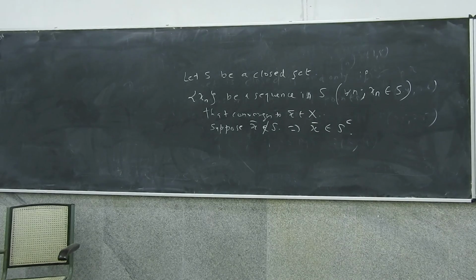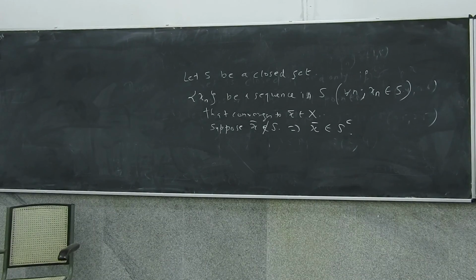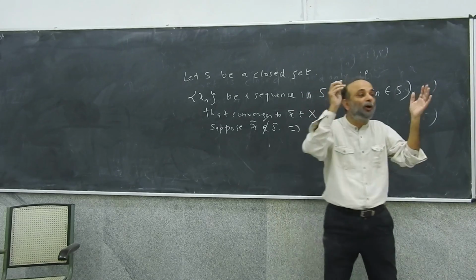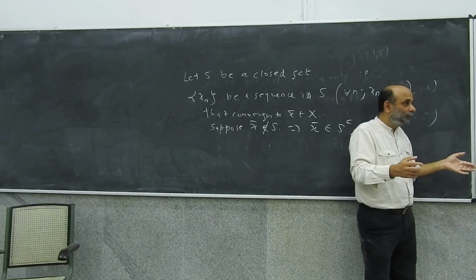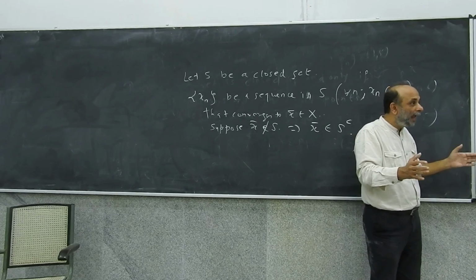Right? So clearly then, X bar could not be a limit point. So if X bar is a limit point, it cannot belong to S complement, it has to belong to S.